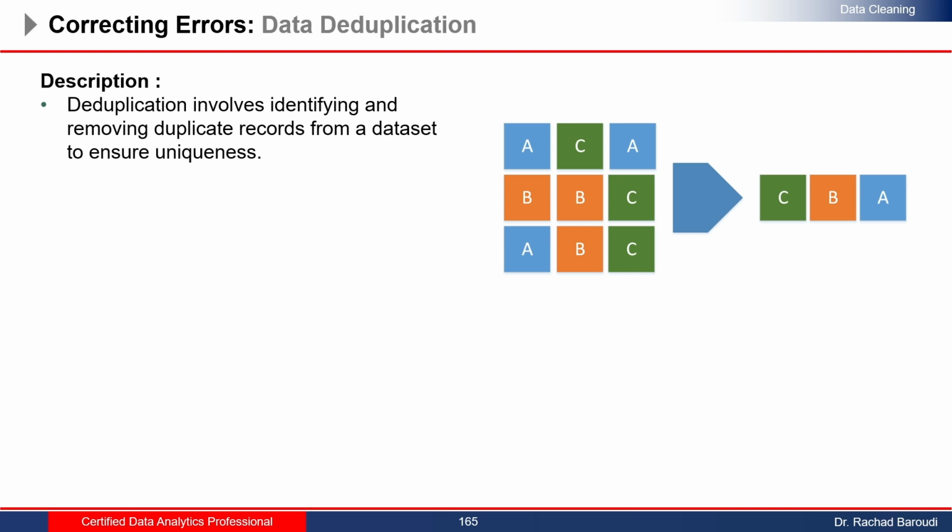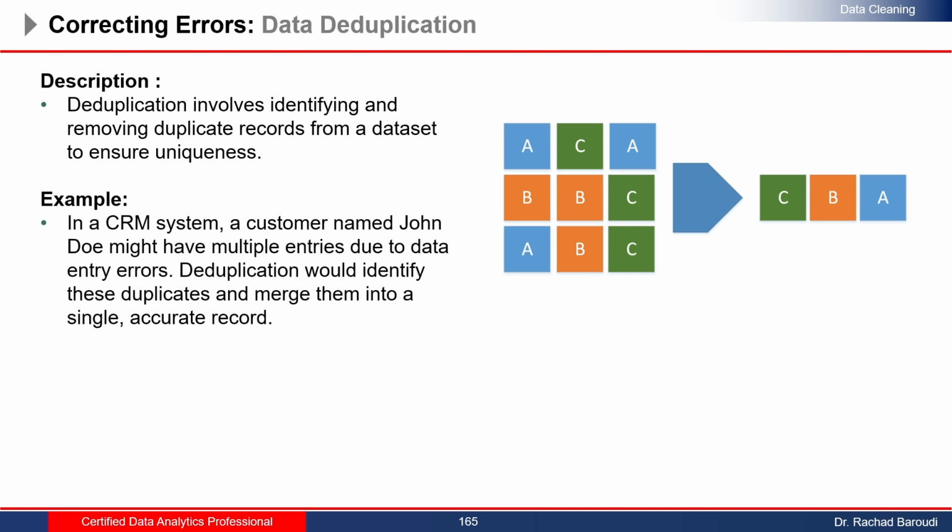Then at the end of the day, we just need one C, one B, one A. In a CRM system, for example, a customer named John Doe might have multiple entries due to data entry errors. The deduplication would identify these duplicates and merge them into a single accurate record.